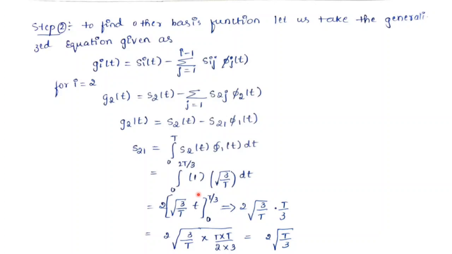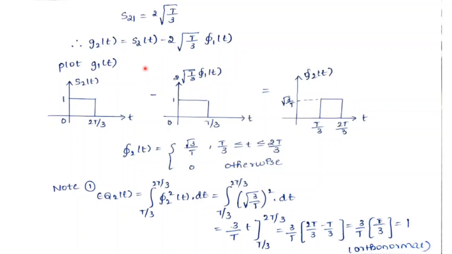Applying the integration and then the limits, we get 2T/3 times root of 3/T. Cancelling this, we get s21 is equal to 2 root of T/3.